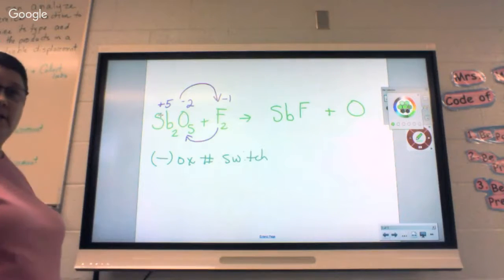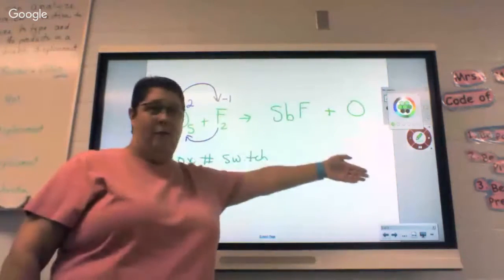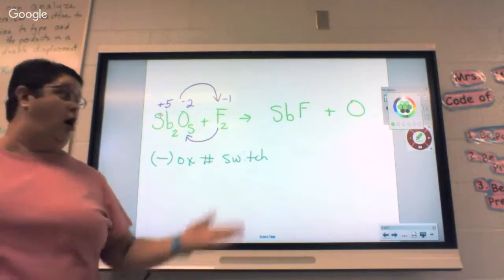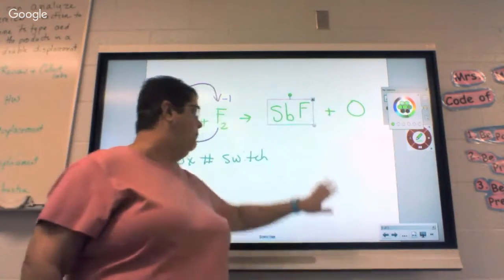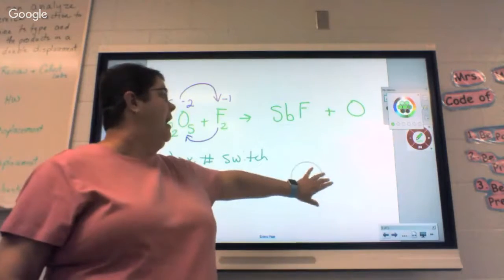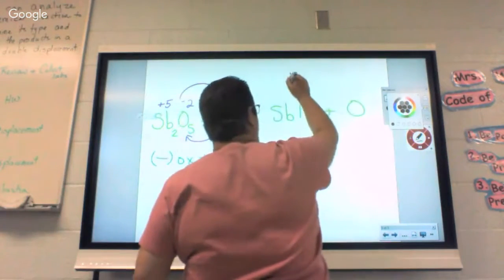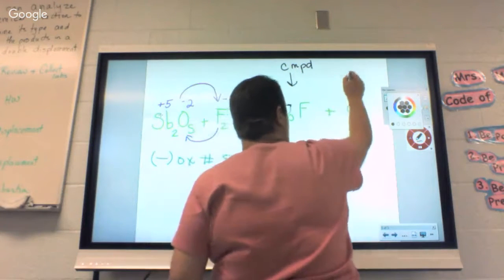Now, notice all these subscripts. Do they get to cross the arrow? No, they're not part of a polyatomic ion. They all have to stay on this side. So where do all these subscripts come from? They have to get new oxidation numbers. This is a compound, so we crisscross.